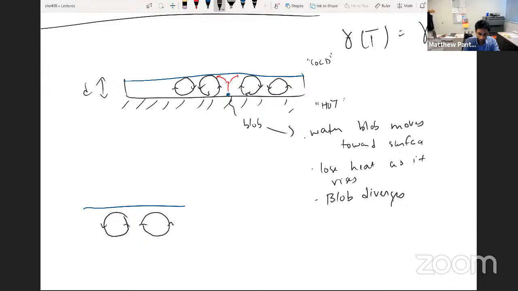So again, we have these convection cells that form. And because we have the hot water rising up in this direction, this will be warm. And as it moves away, it'll be cool. And over here, it'll be cool, let's say.